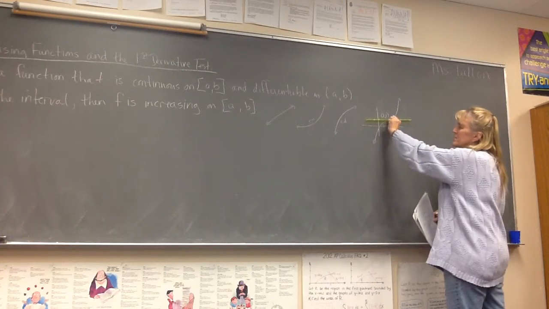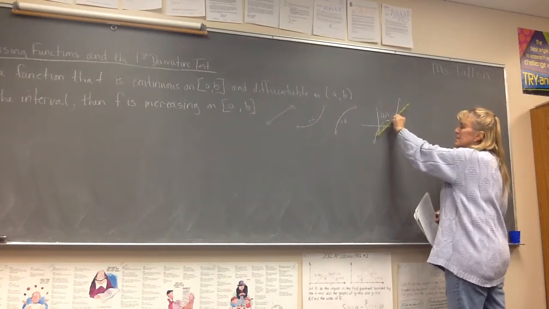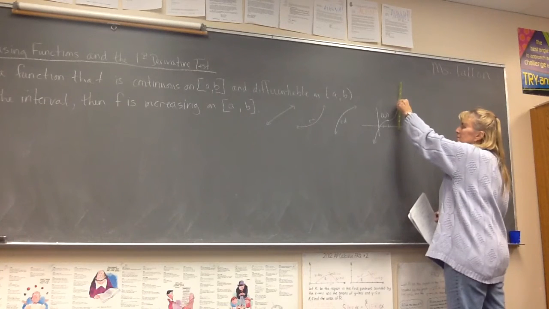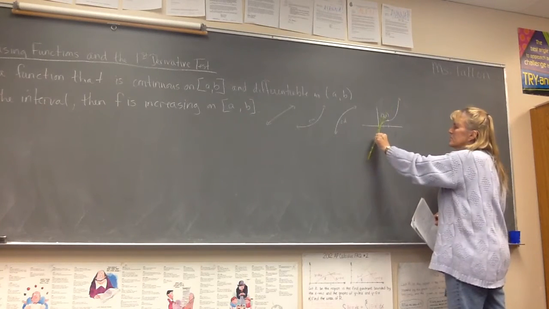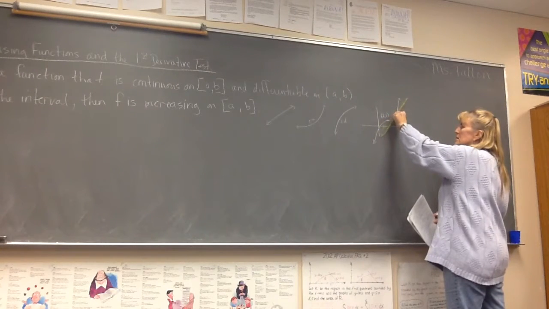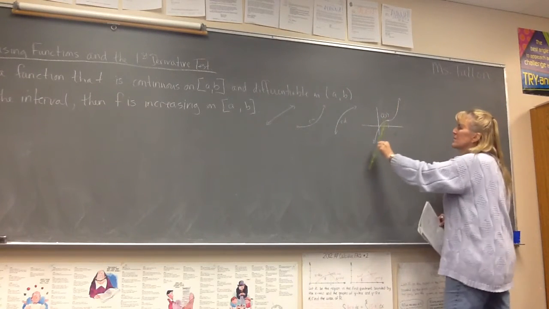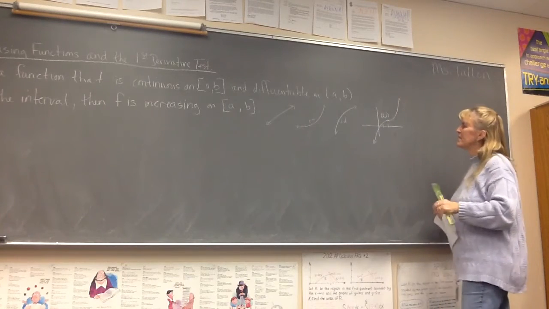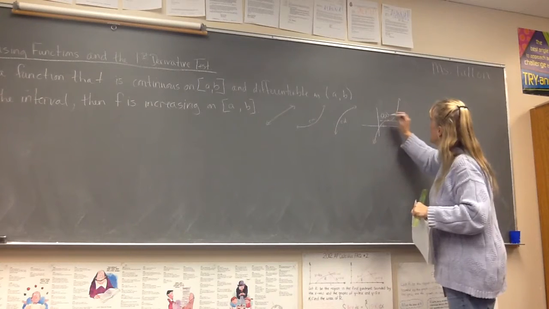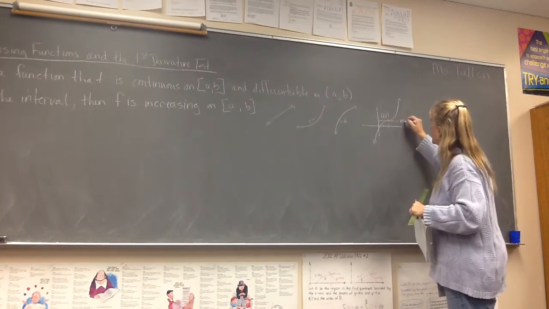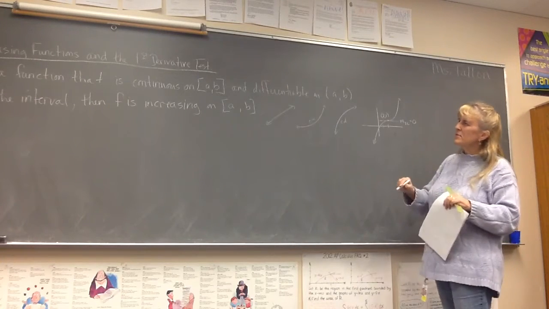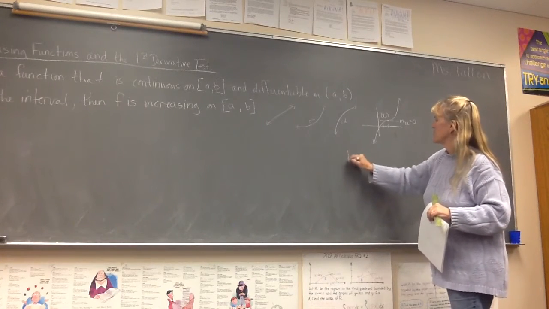But then what happens? I start increasing again. I definitely start to increase. There's no doubt about it. For any two numbers along here, it works. So I'm increasing on this entire interval, even though the slope of this tangent line right here happens to be 0. And that's a little bit of a thing that we have, and I'm just going to write a note here.